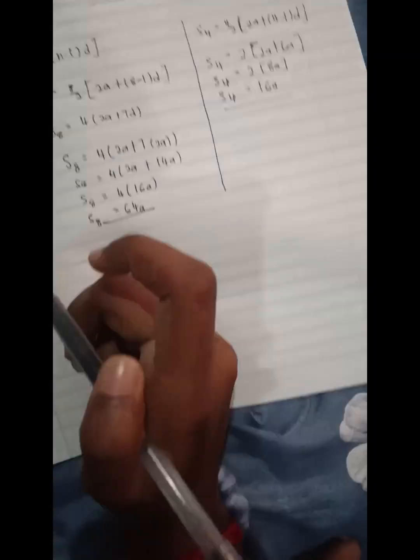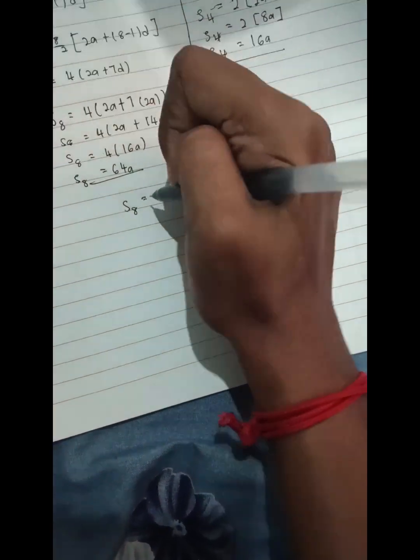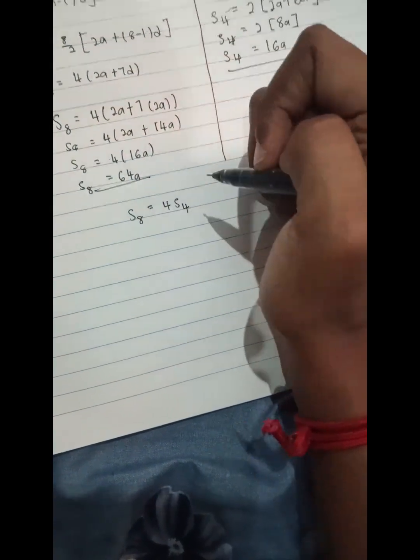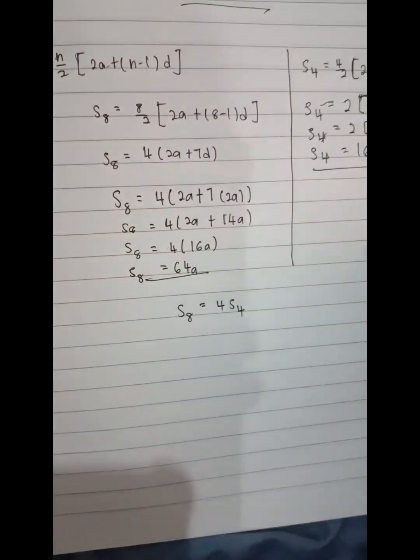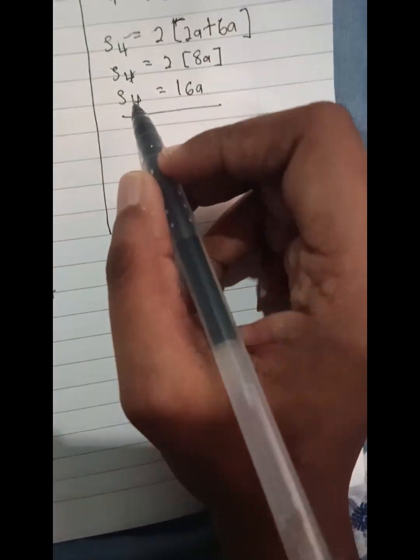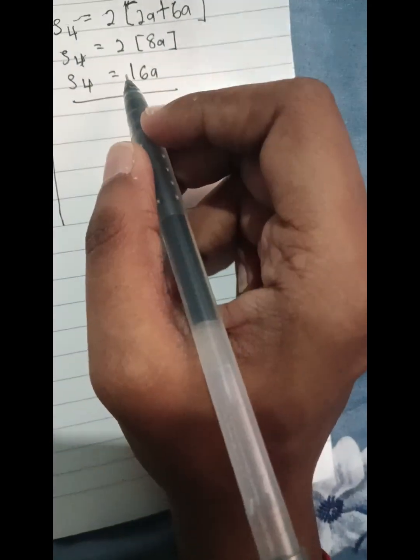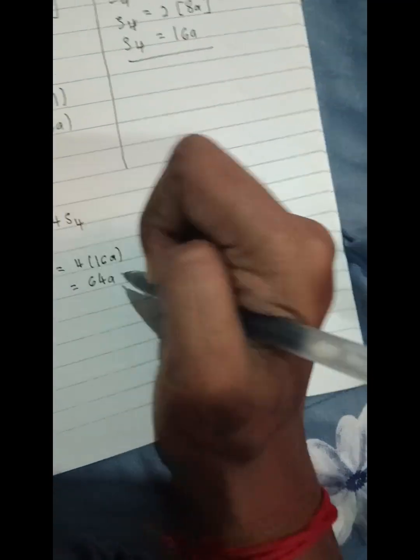So we need to show that S8 equals 4 times the sum of the first 4 terms. From step 2, we get 64a. From step 3, we get the sum of the 4 terms is 16a. Therefore, 4 times the sum of the 4 terms equals 4 bracket 16a, which is 64a.